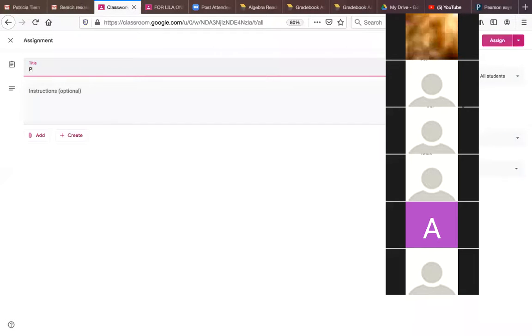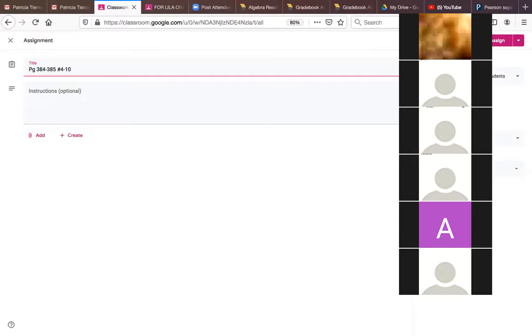Let's do page 384 through 385, numbers 4 through 10. This is going to be 4, 5, 6, 7, 8, 9, 10. We're going to make this a 7-point graded assignment. This is going to be due tomorrow. I'm just showing you this so we're all on the same page, and if you have questions, you can ask.